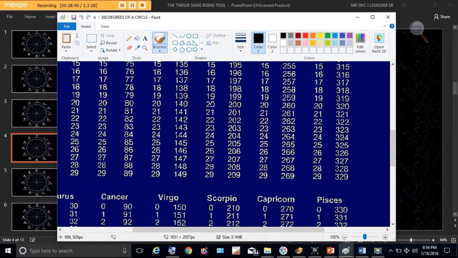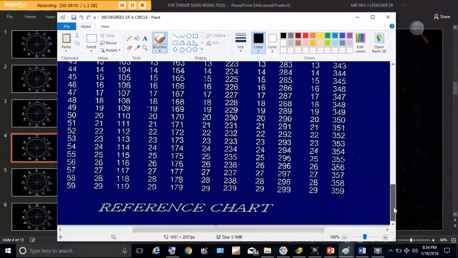Everything is in a vacuum in 360 degrees, the circumference of 360 degrees. So all of the energies are interacting within a circumference of 360 degrees, and you'll have every interaction within those degrees, from 0 degrees to 359 degrees.